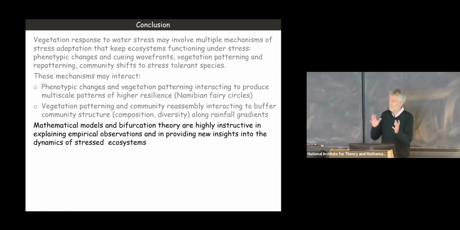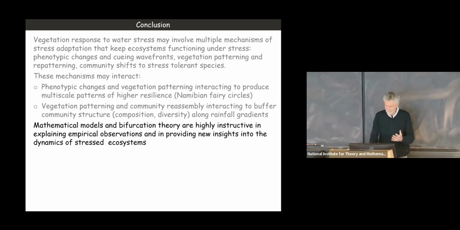Actually, not only community composition, but also functional diversity of these functional groups. So mathematical models and bifurcation theory are highly instructive in explaining empirical observations and in providing new insights.